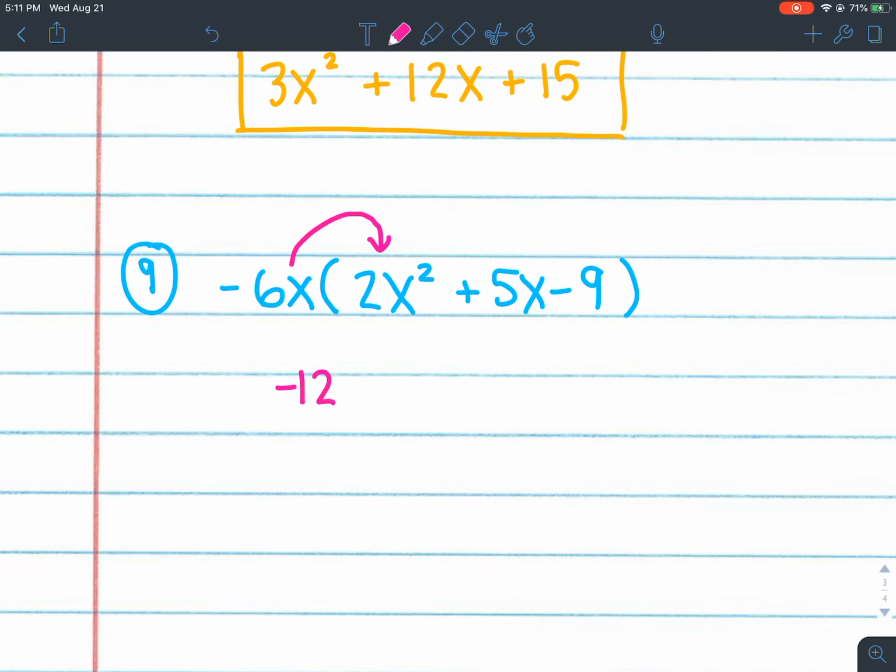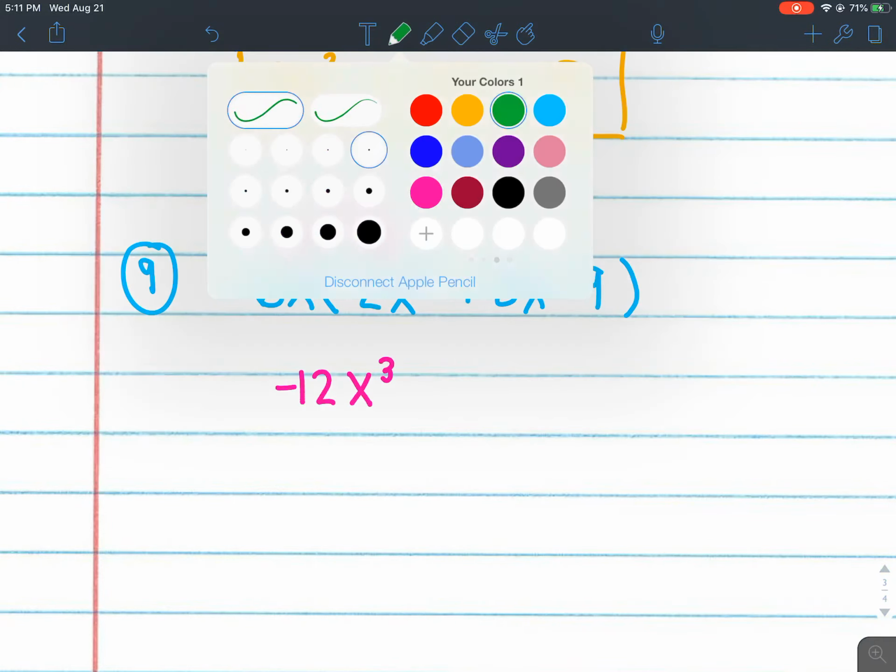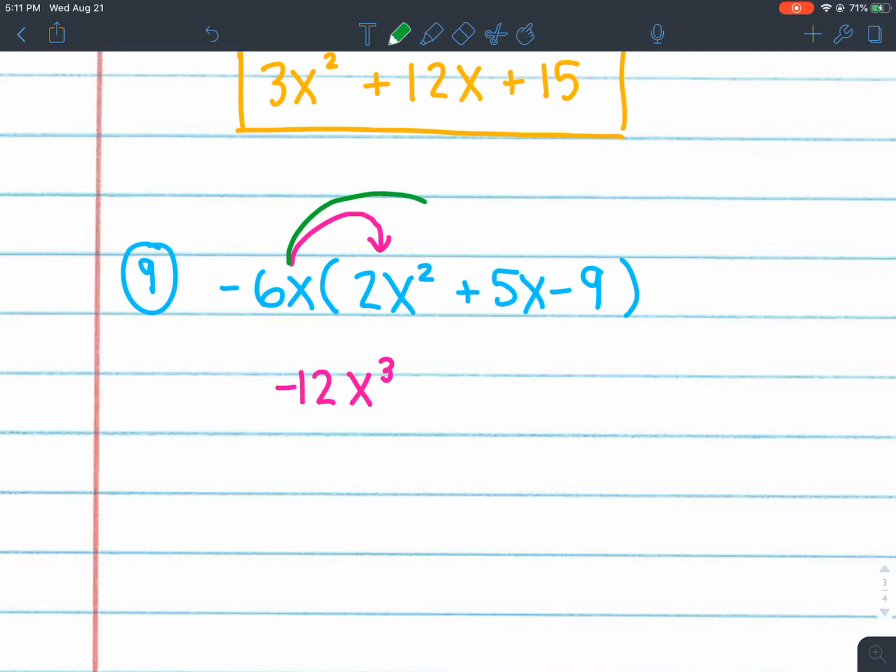Then you have x times x squared, which is x cubed, because you have 1 here and 2 there, so you add the exponents. Then you have negative 6x times 5x, so you have negative 30, and then x times x, which is just x squared.